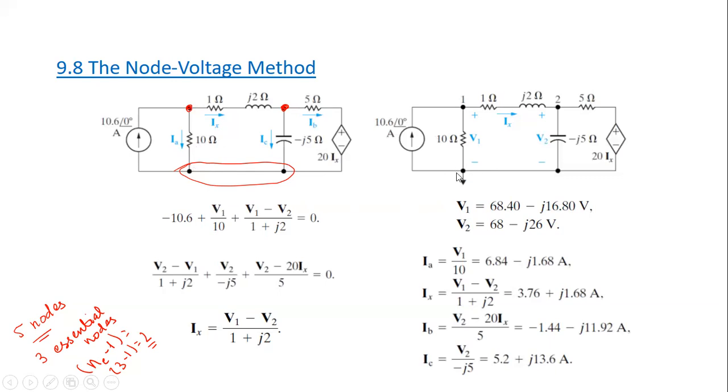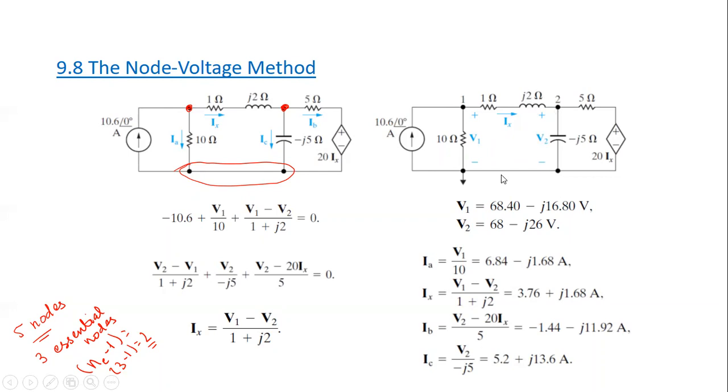After choosing the reference node, we assign the unknown voltages. So this node will be 1, this node will be 2, and the voltage plus minus V1 is between node 1 and the reference node, and the voltage V2 will be the voltage between node 2 and the reference node.